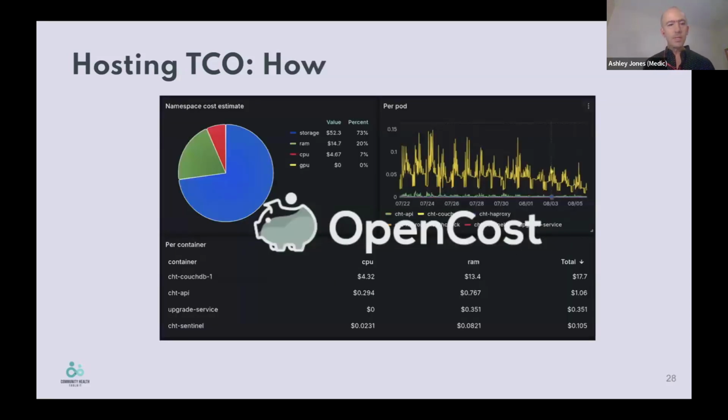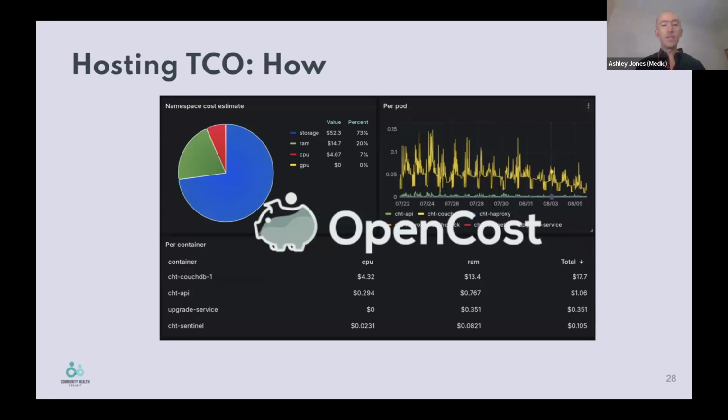There was a big question about how to come up with an accurate number. You could try to model it based off of some hypotheticals, but given that MEDIC hosts a number of production CHT instances, we realized that we could do a historical, reverse longitudinal analysis of actual costs incurred to run the CHT.